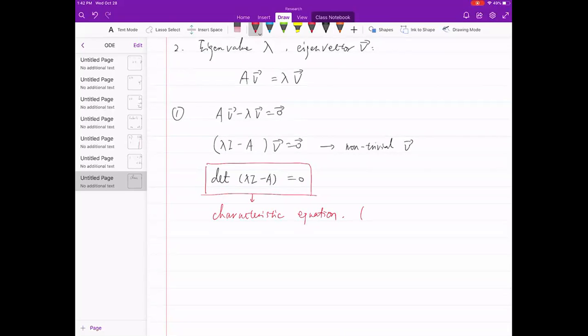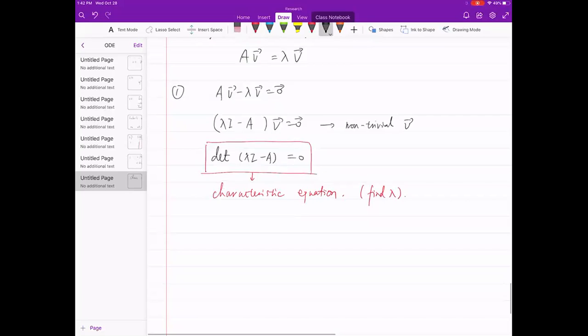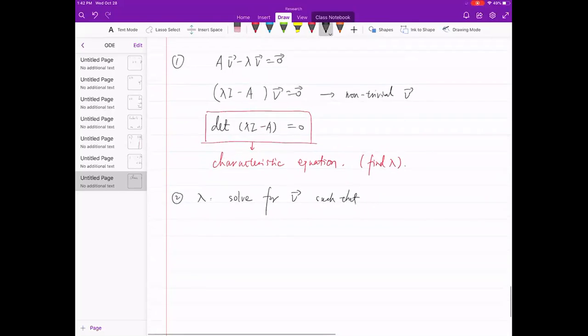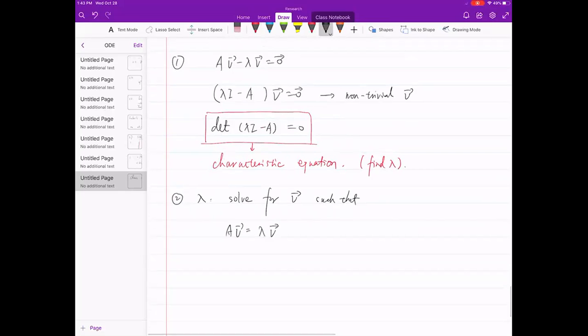Use it to find lambda. Once you find lambda, solve for v such that Av equals lambda v. That's how you find the eigenvector.